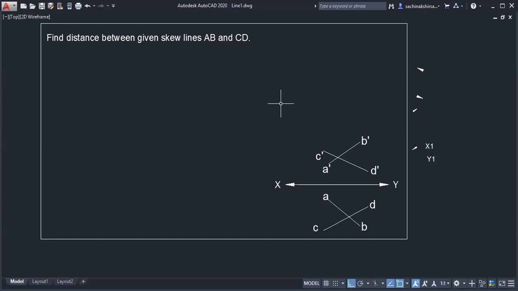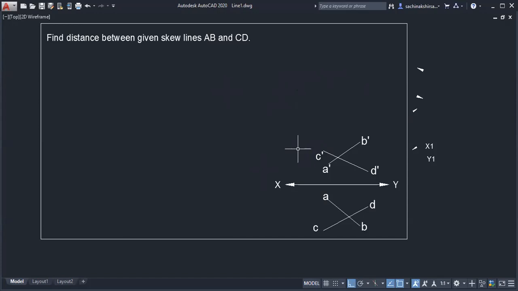The intersection is not lying on a single projector. So what is asked in the case of skew lines? Shortest distance. Distance of one of the lines from the other line.